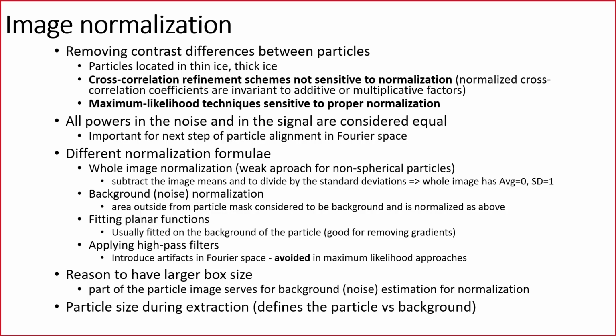Sometimes there's even a gradient of ice over your particle. So what you need to do is to normalize these images, because for cross-correlation refinement, this is not a problem. If you do a refinement that's engaging cross-correlation methods, cross-correlation is invariant to normalization of the particles. It will work the same as it would work with normalized particles.